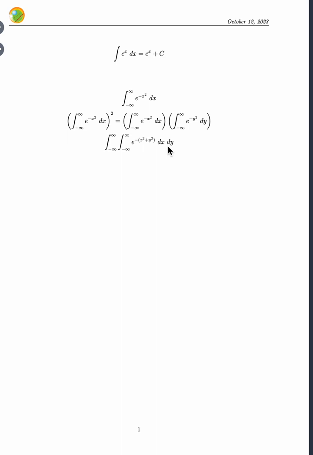Well, basically you're evaluating the integral inside, ignoring y as a constant, and then evaluating the integral that's outside. So let's define: we have an f of x and also an f of y.